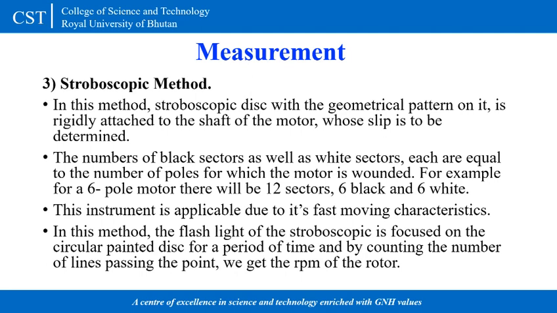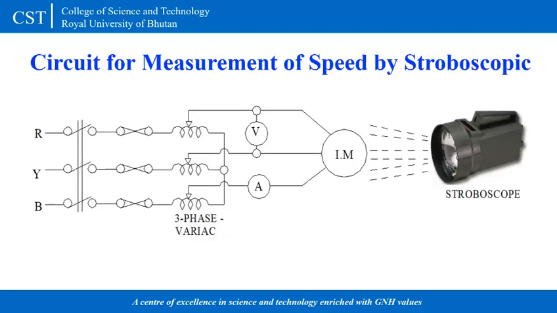And likewise, we have to take the value of Ns directly from the stroboscope, and after that we will be able to calculate the value of slip. This is the circuit diagram to measure the slip speed by the stroboscopic method. Here we are using a squirrel cage induction motor and the stroboscope.